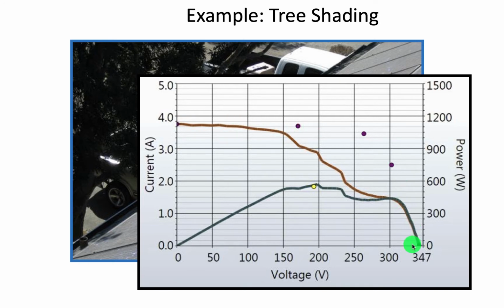This is sort of like an EKG for a solar system, an IV curve. And so remember, current times voltage equals power. So we're showing you the power curve, and we're making peak power at about 190 volts. If you have a maximum power point tracking inverter here, it would track the array right here.